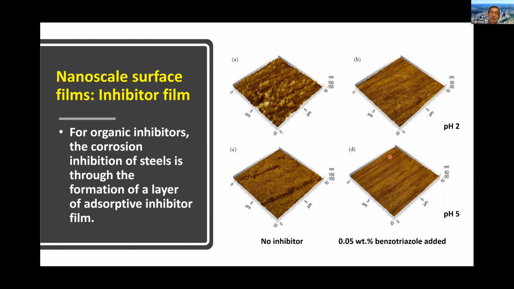That just tells us this different surface topography is caused by the different properties of corrosion inhibitors. So that's another important application of the nanoscaled ECAFM to characterize the surface film features in a corrosion environment.